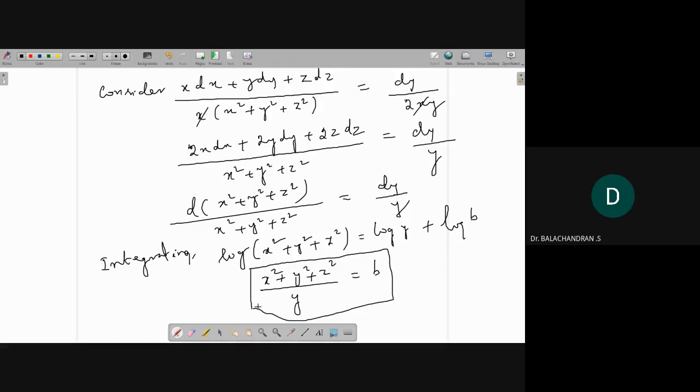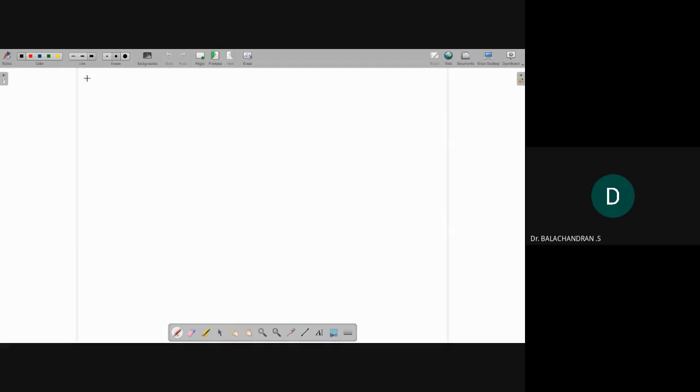So this is v of x, y, z, and the general solution is f of (u, v) equal to 0, where u is y by z, and v is (x square plus y square plus z square) divided by y.